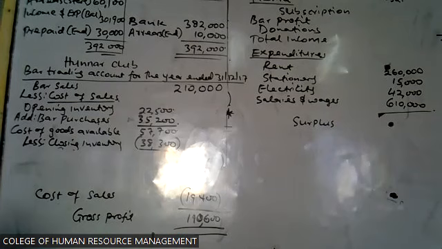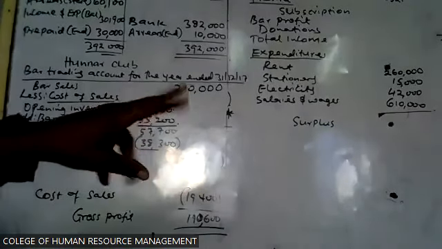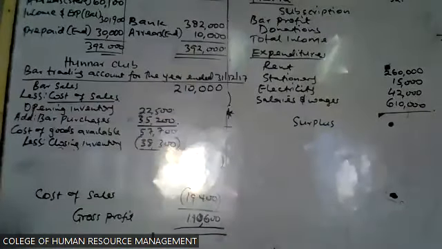So 23,000 minus 12,000, that is 11,000. So that 11,000, we include it there as an income. You write there decrease in allowance for doubtful debts or decrease in provision for doubtful debts 11,000, so that it can be part of the income.